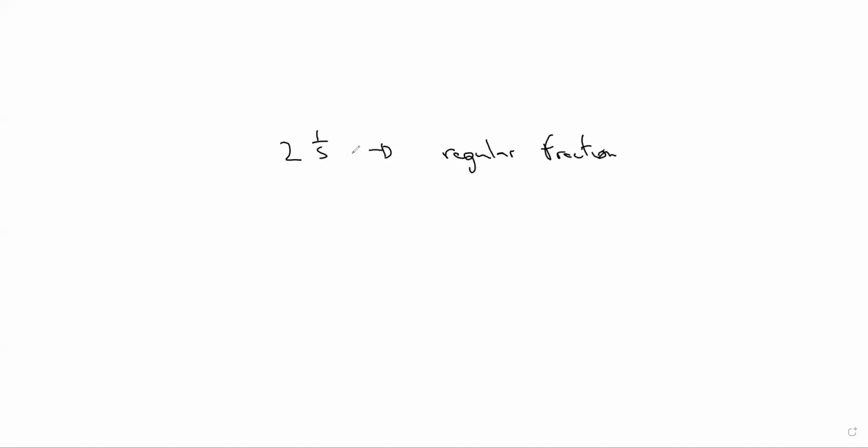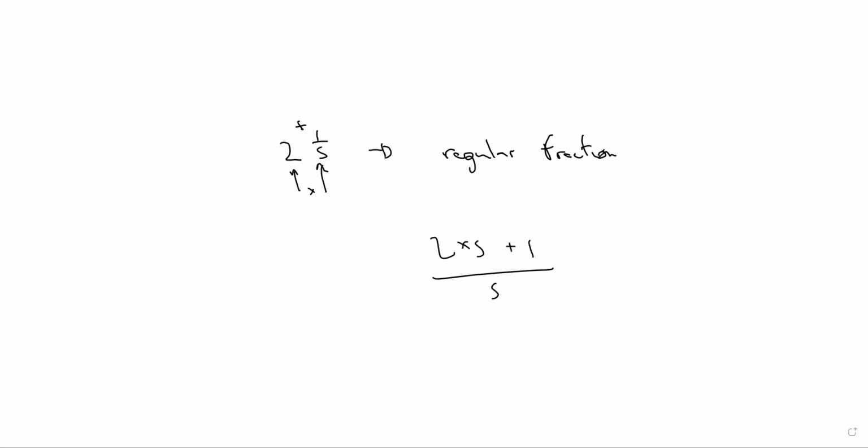Let's do this one. This is the one that is a little bit more algorithmic. It pretty much has a formula. What you do is you take your 2, you multiply it by your 5, and then you add your 1. That'll give you the top number of your fraction. So that's 2 times 5 plus 1. And then the bottom number always just stays the same.